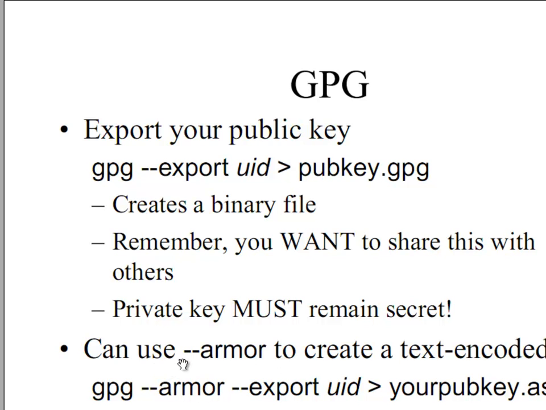The option to use is --armor: gpg --armor --export, the unique user ID, and then the name of the public key .asc. So we usually use the .gpg extension when we have a binary file, and to make it clear that it's an ASCII armored file, we use .asc. We'll go ahead and create both and take a look at them.